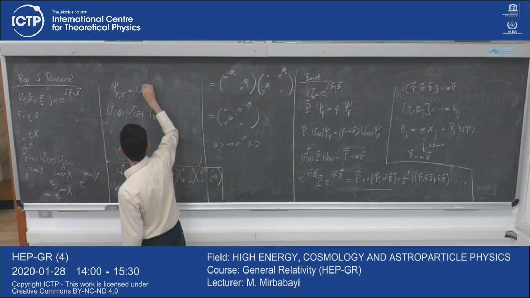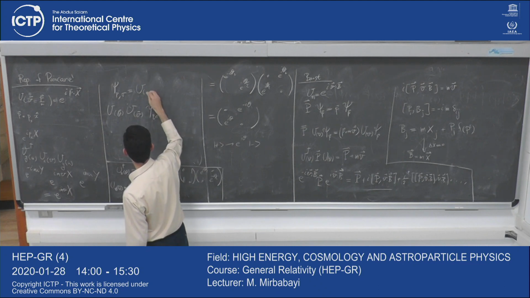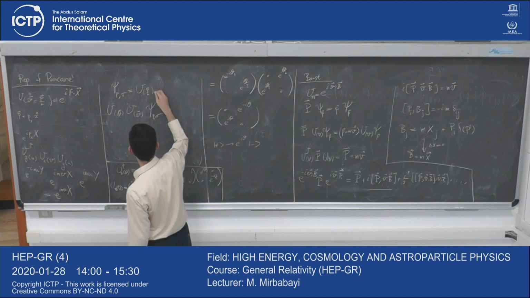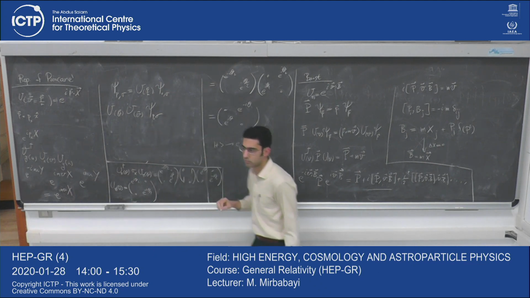So we can write it as u of p over m, a boost with parameter p over m acting on psi of 0 and sigma.